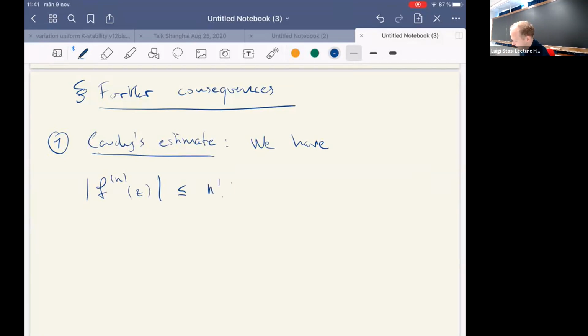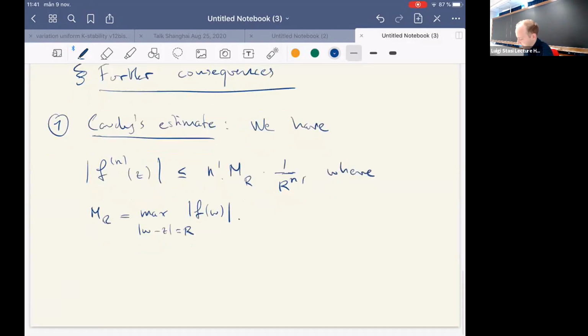So then this is less than or equal to this times 1 over r to the n, where I have to tell you what this M_R is, where M_R is the maximum over the circle of radius r, not the disk actually, of the absolute value of f of w.